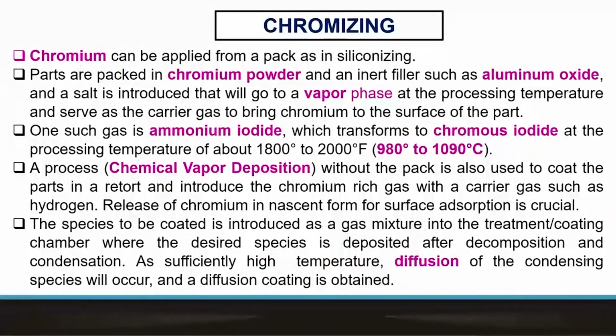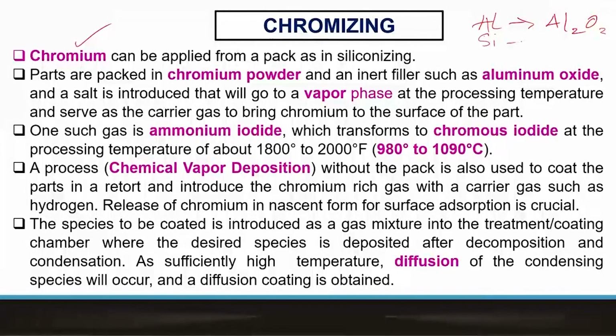The other very important element in the same series is chromium. Chromium also has a similar tendency of oxide formation. When you enrich with aluminum, the aluminum protects by formation of alumina, Al2O3.